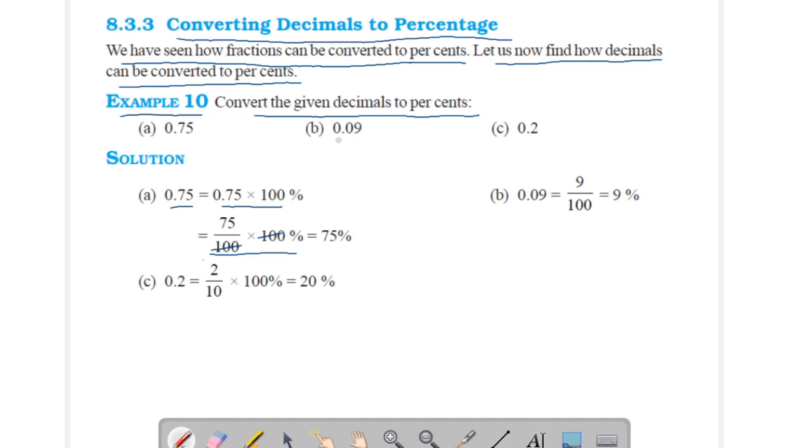Now come to part B. It is 0.09. Convert it into fraction. This can be written as 9 upon 100, and 9 upon 100 can be written as 9%. Or you can do it like this also, that is 0.09 can be written as 0.09 into 100%.